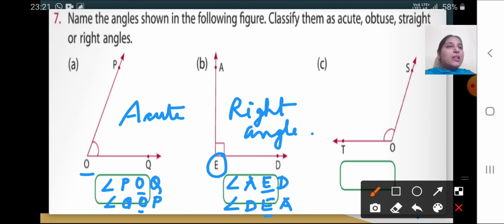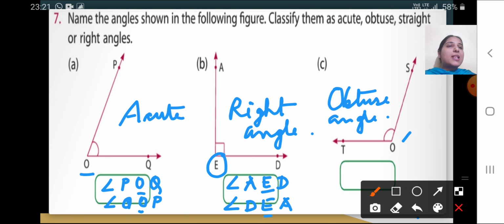Now let's see figure number C. Can you tell me which type of angle it is? Yes, it is more than a right angle. So which type of angle is it? It is an obtuse angle. And how will we name it?